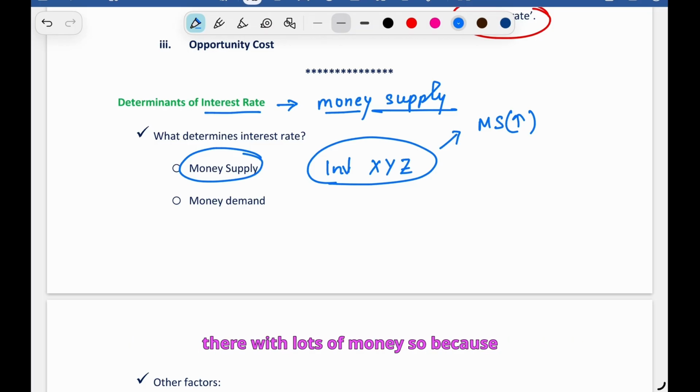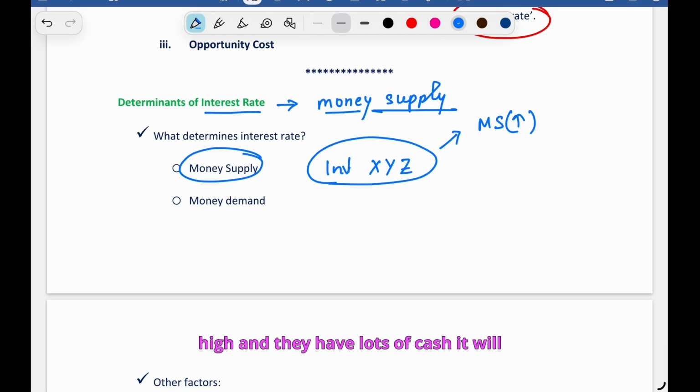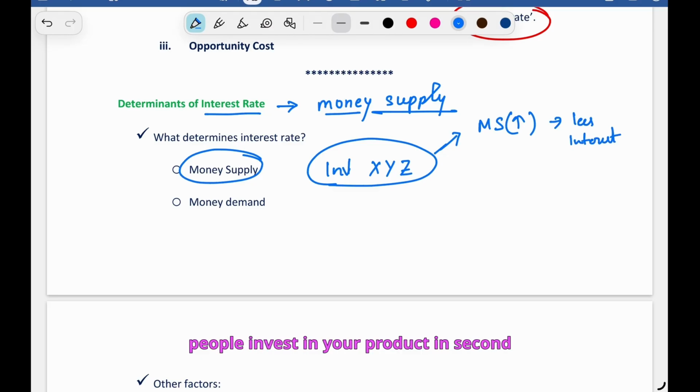Because there are lots of people with lots of money, it will be easy for you to get money, right? And since it is easy for you to get people to invest in your XYZ product, you try to give less interest rate when and if people invest in your product.